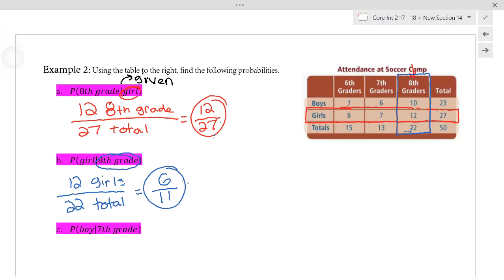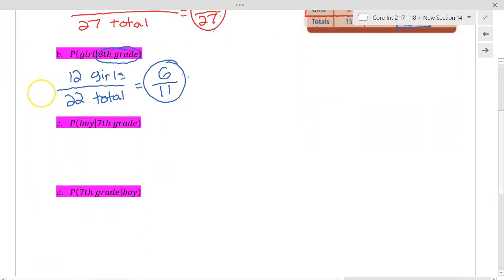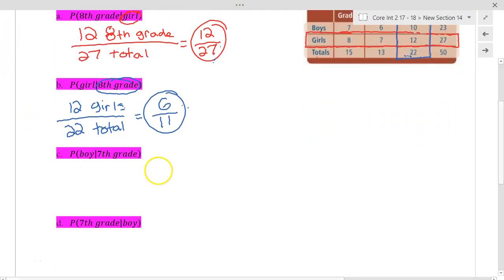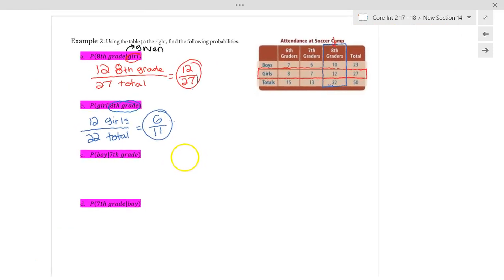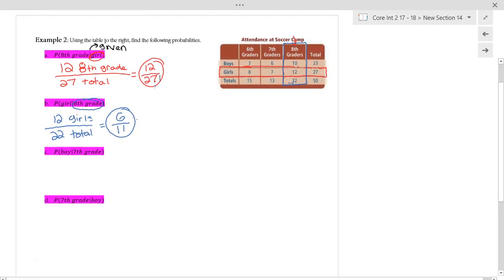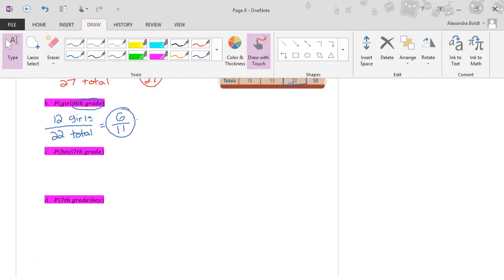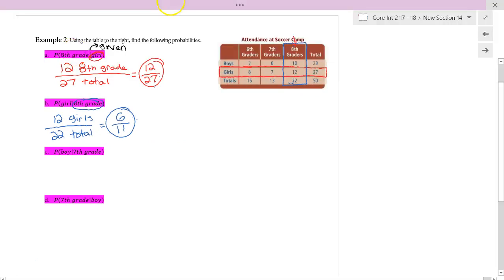Alright, looking at our next one. Same kind of thing, probability of a boy given they're in 7th grade, or probability of a 7th grade given they're a boy. So, probability of a boy given they're in 7th grade, certainly what comes after the given. So I'm going to put a box around 7th grade.